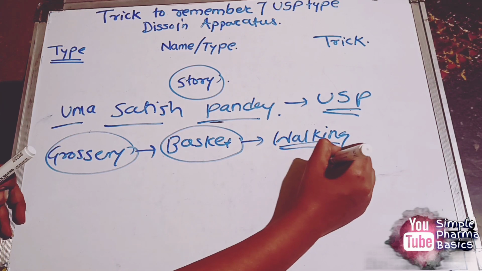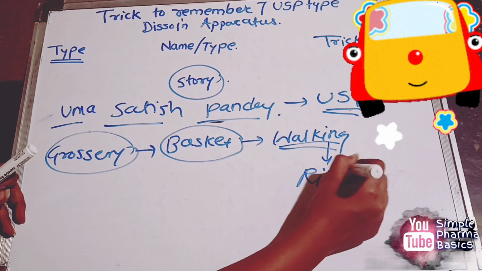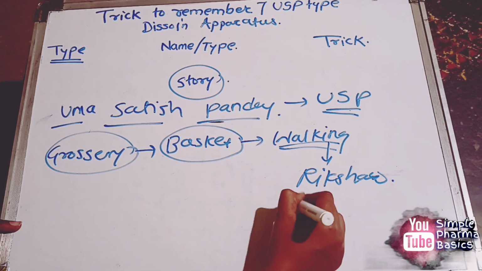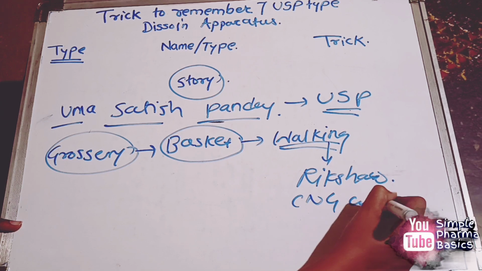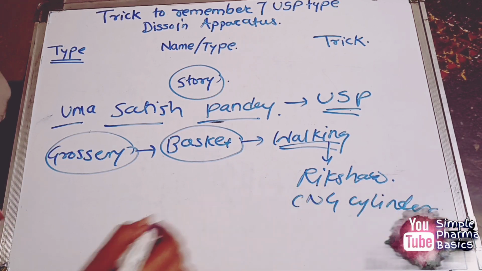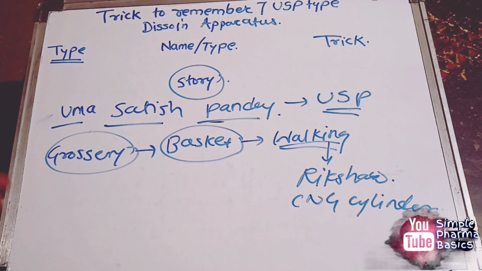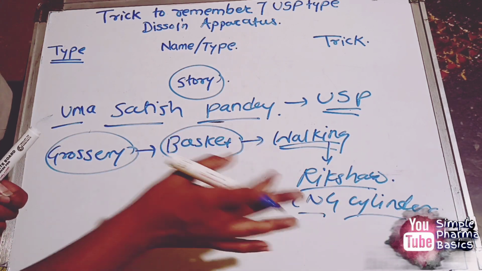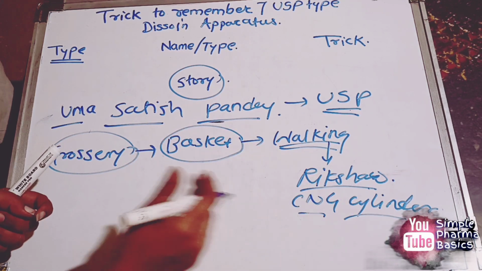So she stopped one rickshaw, the rickshaw that has a CNG cylinder in it. There are some rickshaws which use a CNG gas cylinder as fuel. So that was a CNG cylinder wala rickshaw, and she got into that rickshaw.